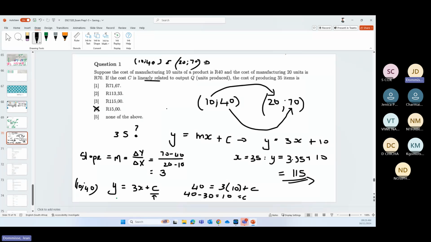Not always in this nearly word sum format. So just be on the lookout for these things on Monday as well, that you don't get caught out, because they want you to use a linear equation to work out what that linear equation is, so that you can get to that 35 items that must be produced to see what the price is.